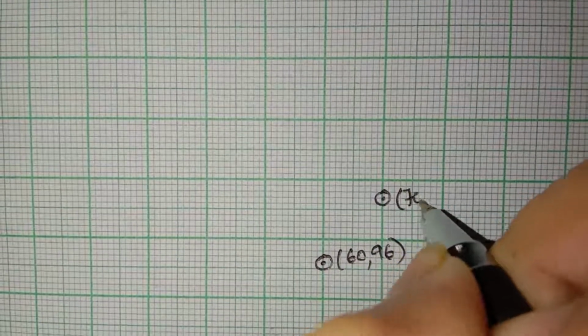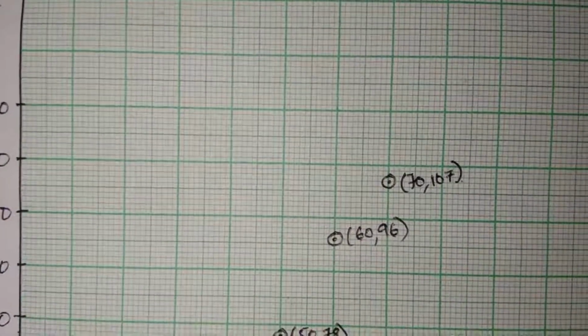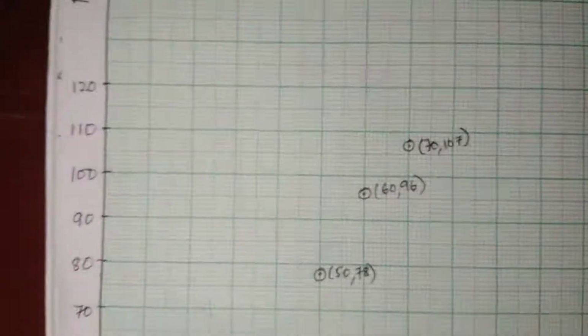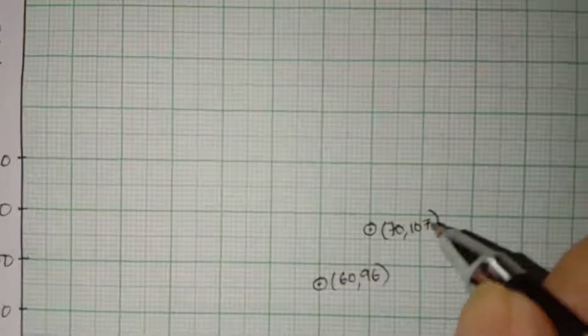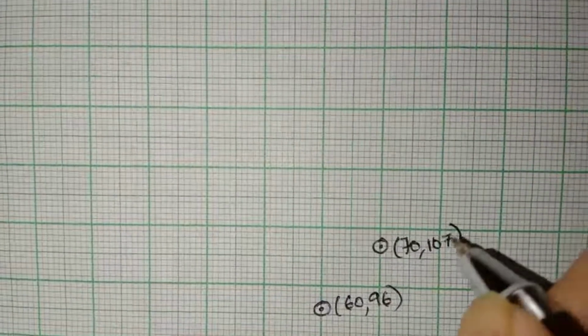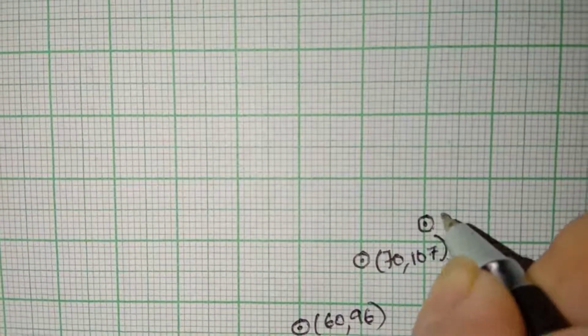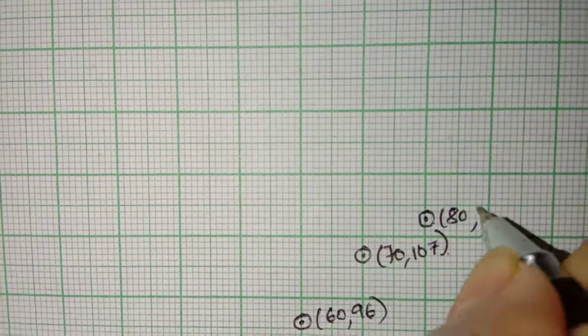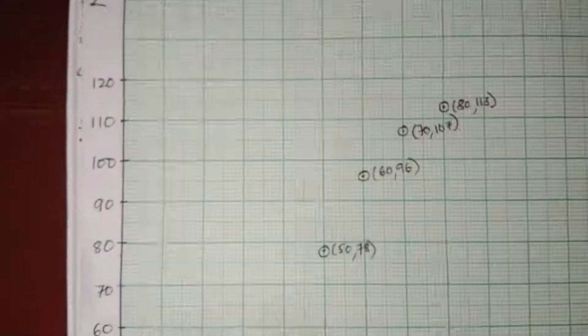Next is 80 comma 113. This is 110, 11, 12, 13. Another is 90 comma 117.